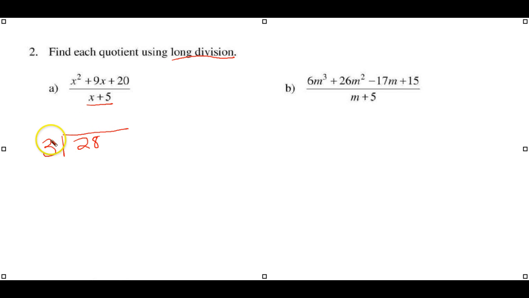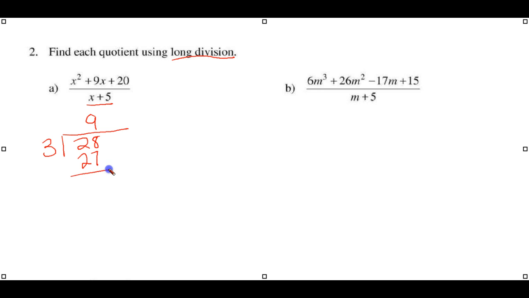Now, what would we do? We'd say, how many times does 3 go into 28? Well, you might say 9. Well, 3 times 9 is 27. So that's good. So we'd put a 9 up there. We go 3 times 9 is 27.